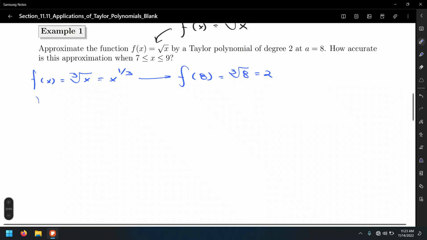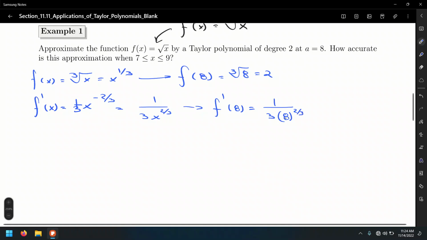So f prime of x is 1/3 x to the 1/3 minus 1, which is negative 2/3. And we'd better rewrite this, maybe not in radical form, but at least with a positive exponent.